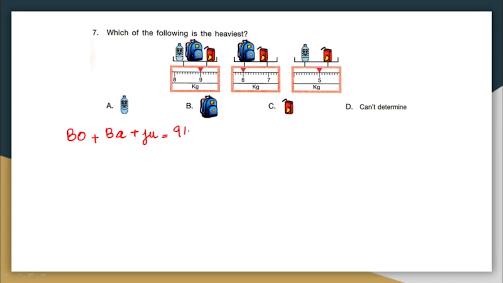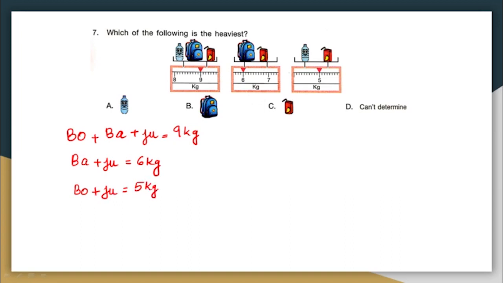And then in the next weighing machine, they have just kept the bag and the juice bottle. Bag and the juice bottle put together, what is their weight? Their weight is only 6 kgs. Then in the third figure, the bottle is there and the juice bottle is also there. Put together, their weight is 5 kgs.